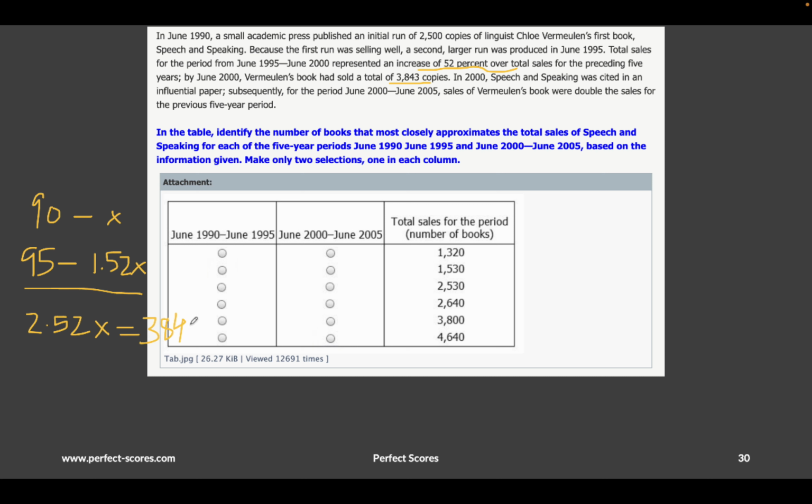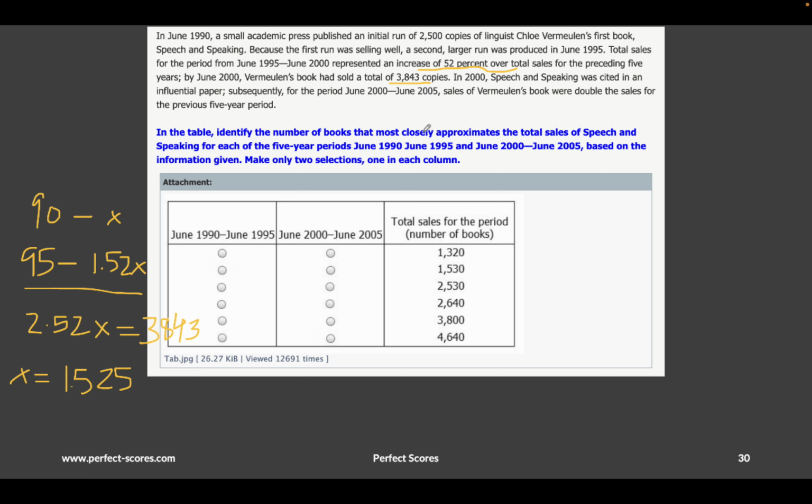And that will actually just give us the value of X. So if we divide 3843 by 2.52, you can just use your calculator here, because you're allowed a calculator in these questions. You would actually get 1525. So 1525 is the number of books that were sold in the period from 1990 to 1995.